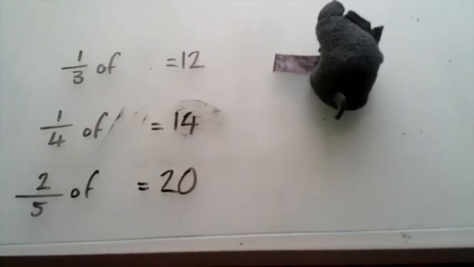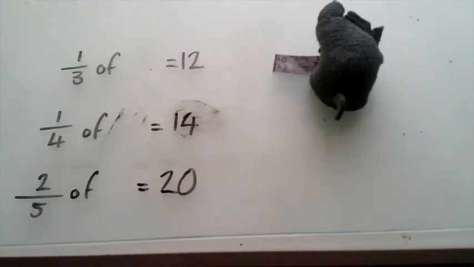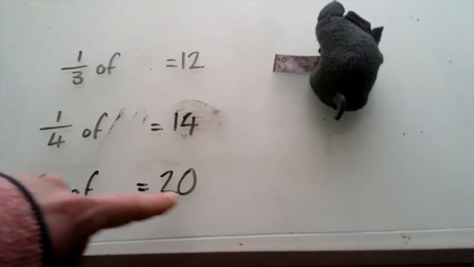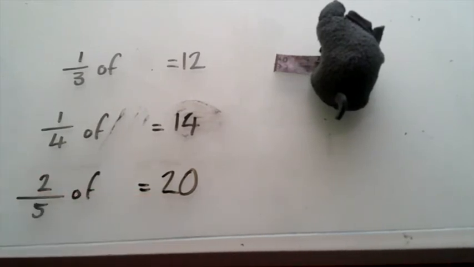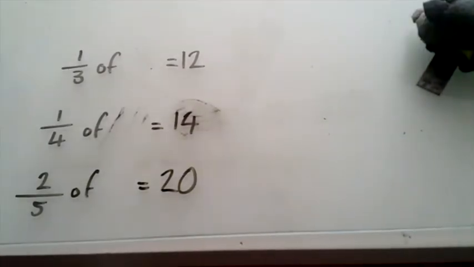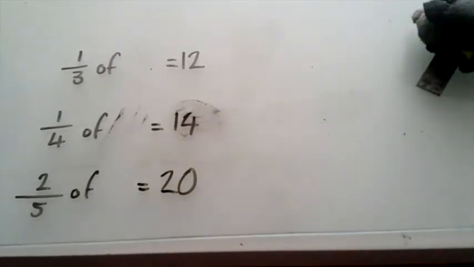So the questions I want you to have a go at is 1/3 of something equals 12, 1/4 of something equals 14, and 2/5 of something equals 20. Have a look at the answers. Remember, you can draw bar models if it makes things a bit clearer.